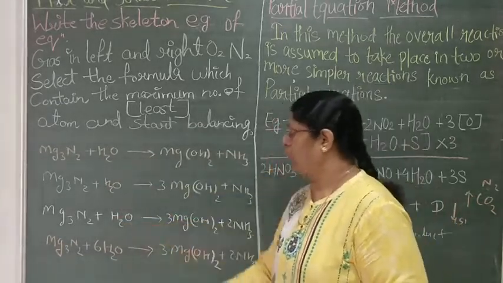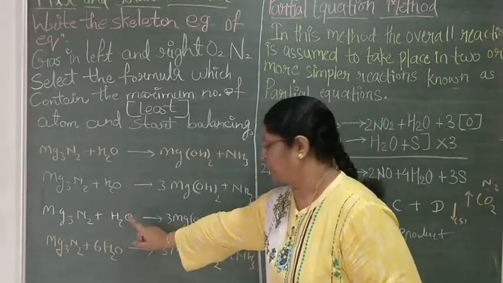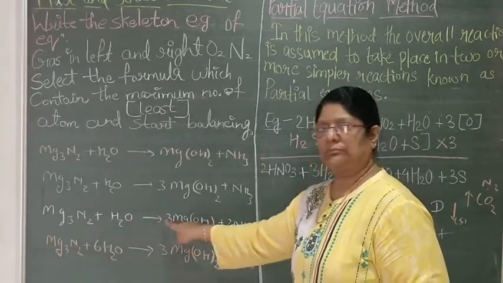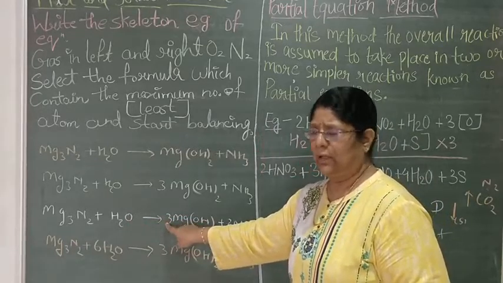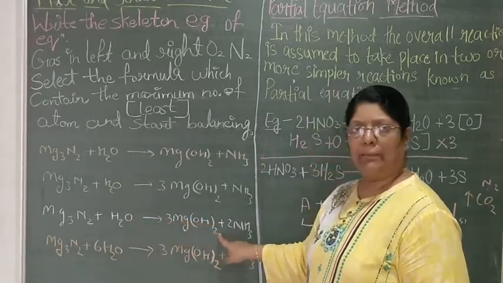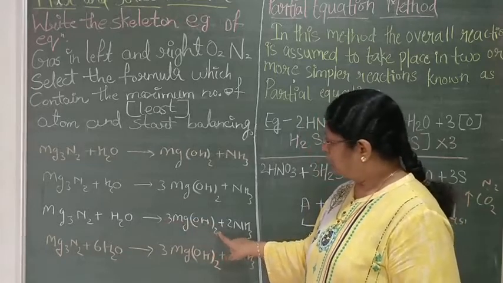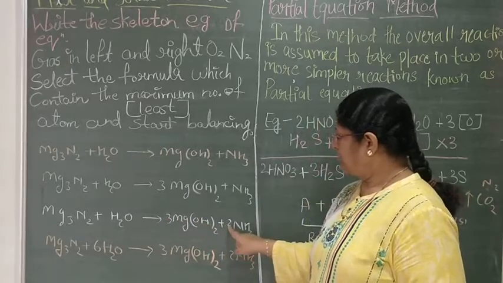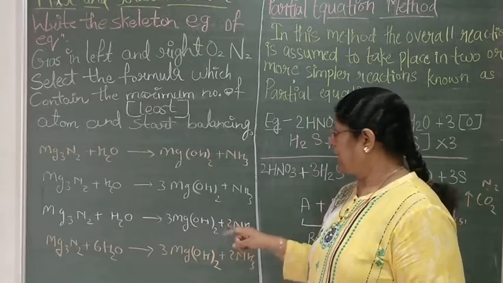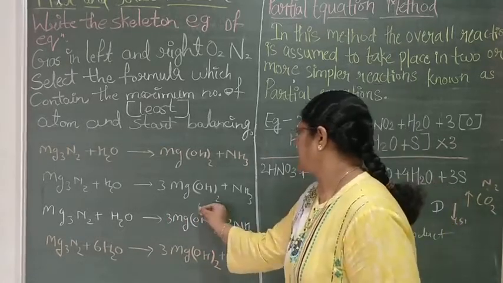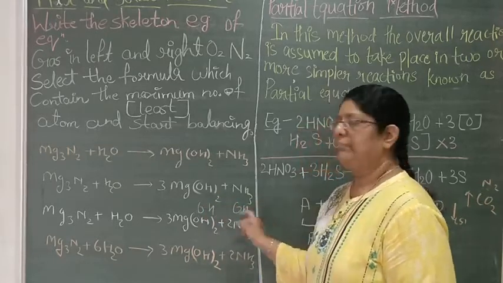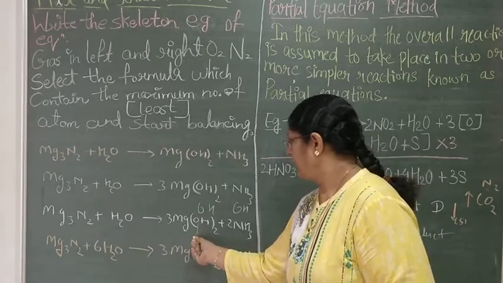So H2O here has 2H and 1O. But on the right there are 3 Mg(OH)2, so 3 times 2 is 6 O and 6 H. Again 3 times 2 is 6 H, from the 2NH3 here it is 6 H. So the total number of H is 12 and oxygen is only 6.